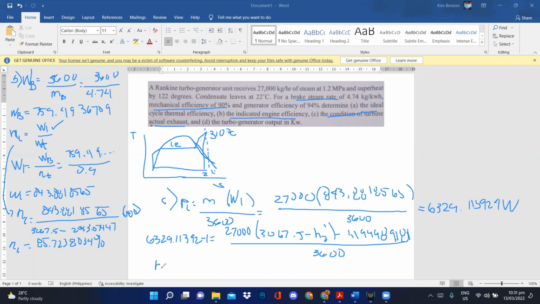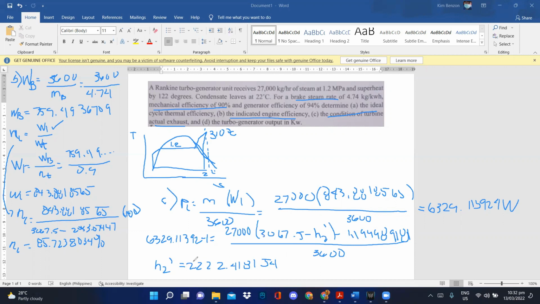So makukuha mo ngayon yung actual enthalpy niya, which is equivalent to 222.41814.